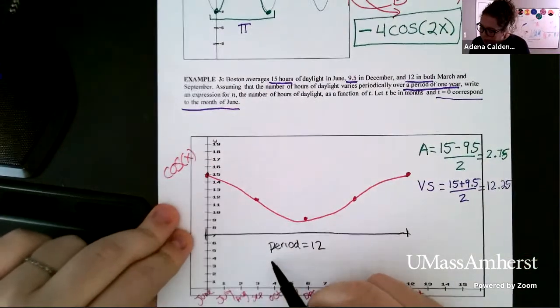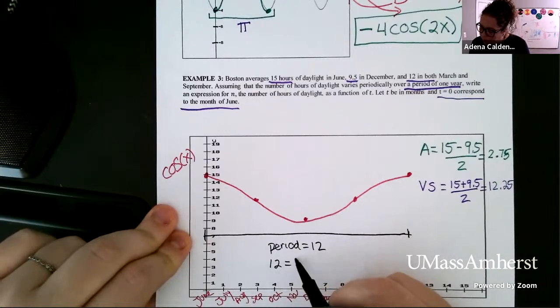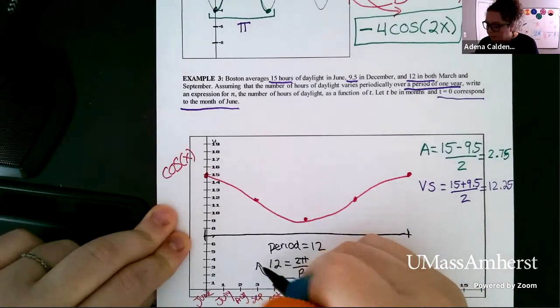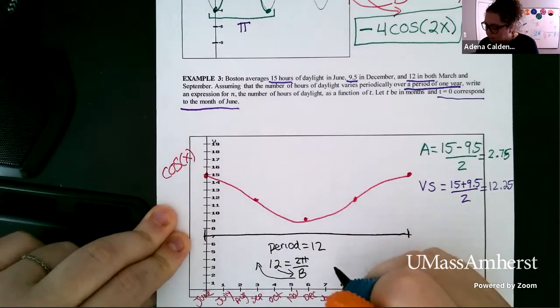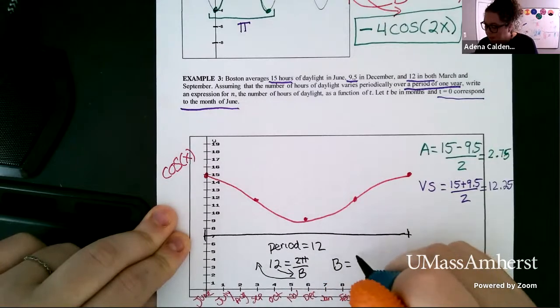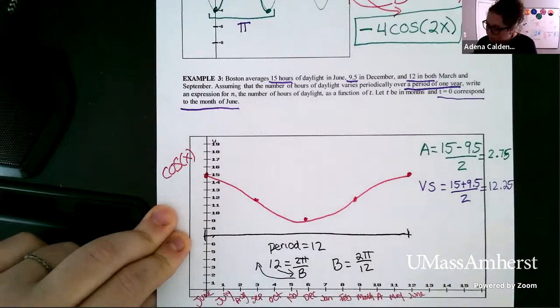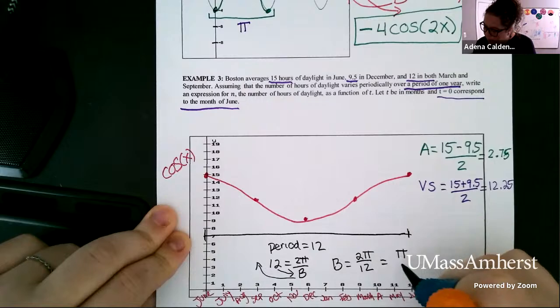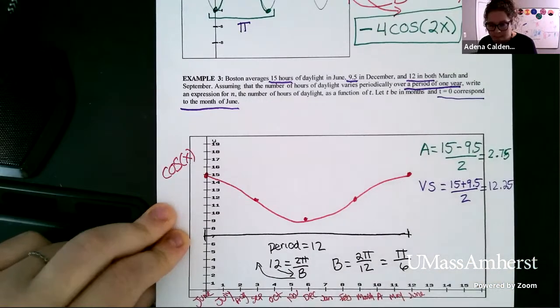So that means that I'm going to set 12 equal to 2 pi over b. I can multiply the b up and divide the 12 down. So my b is 2 pi over 12. I can simplify my fraction. 2 over 12 becomes 1 over 6.